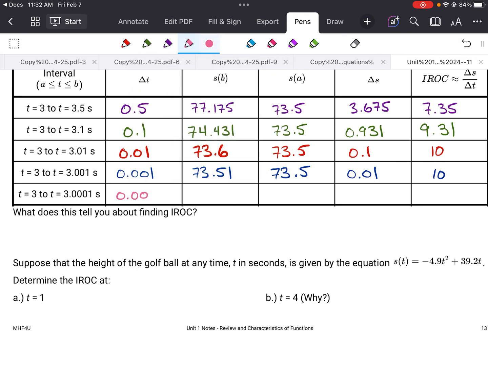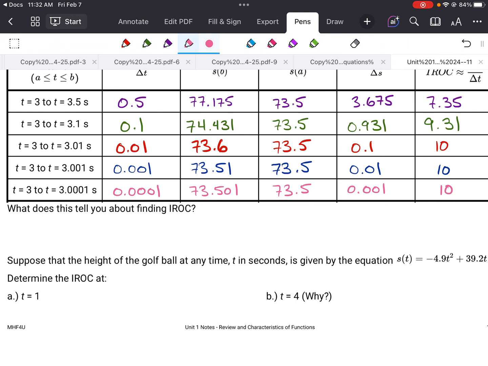And what if we add 0.0001? It's the exact same IROC of 10. So for this specific example, adding 0.01, 0.001, or 0.0001, we got 10 as the IROC for all of them. It just worked out that way. So I'll let you decide. I typically like to add 0.001 as my h value.